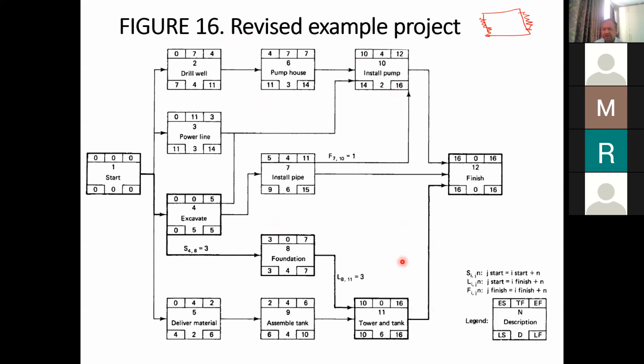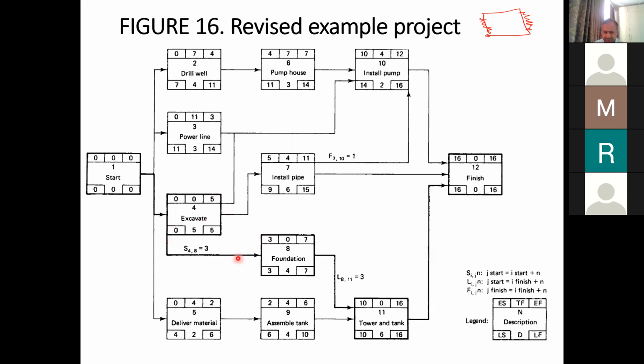Remember that when performing the calculations, you must follow the lines of the relationships. So if we want to go from excavate to foundation, we will not take 5 over here, because that would mean we are following the finish to start relationship, but there is no finish to start relationship here.